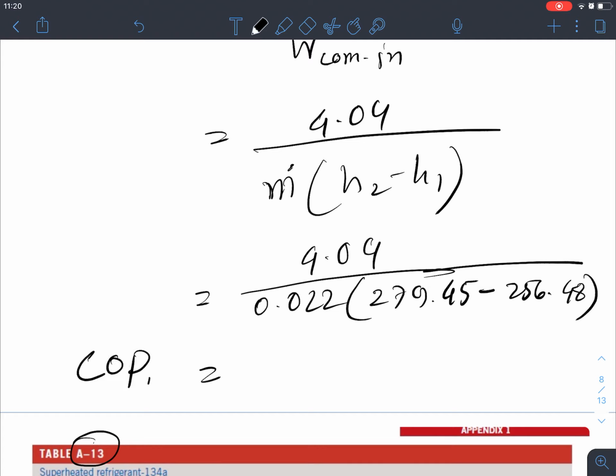So if we solve this, COP of the heat pump would be 4.04 divided by 0.022 times 279.45 minus 256.48.